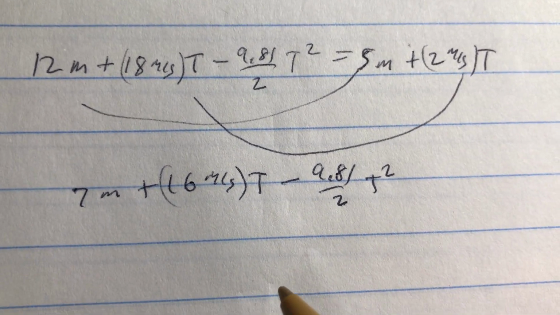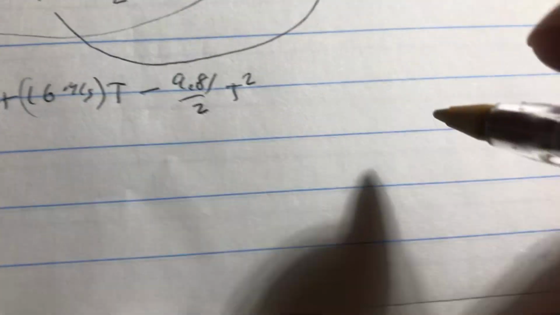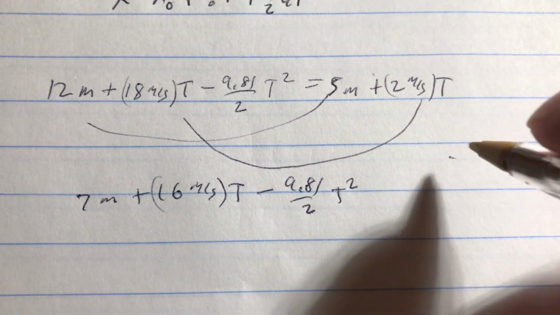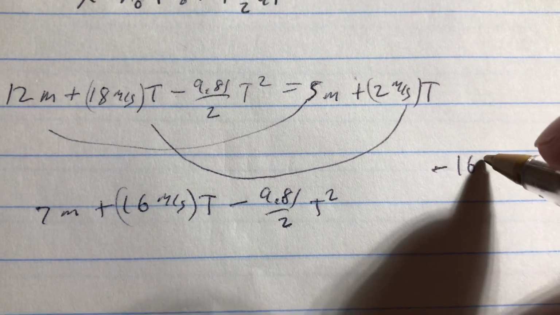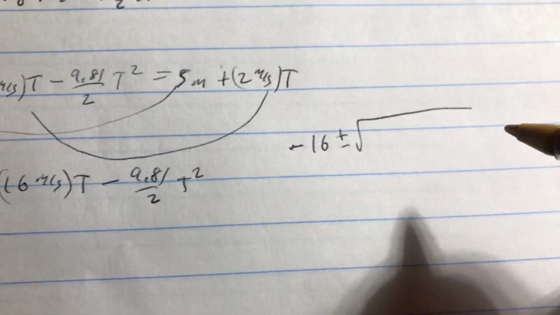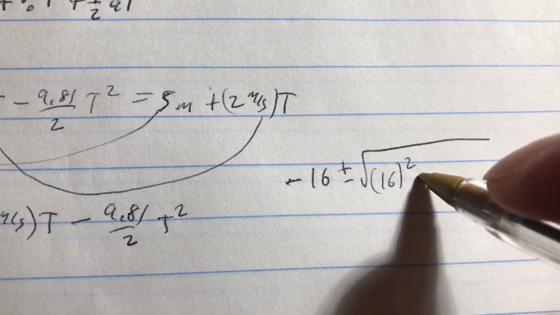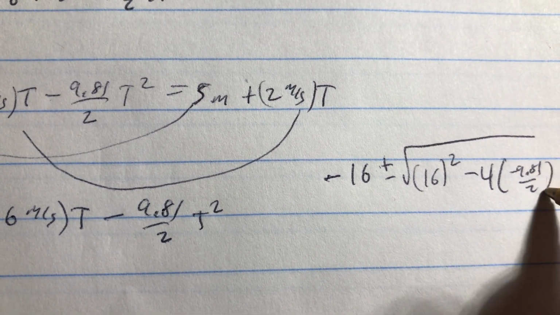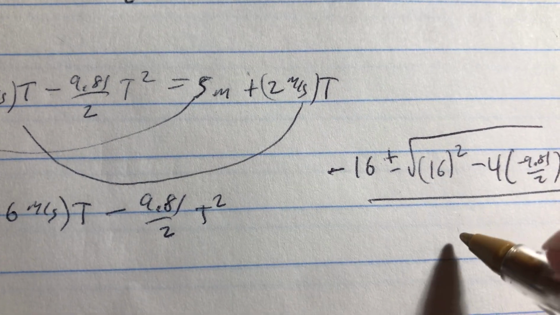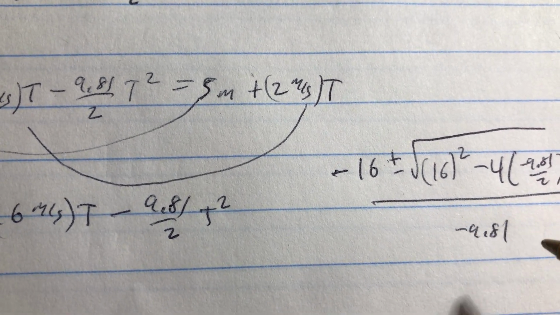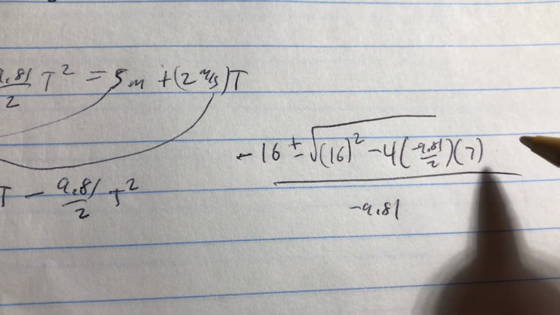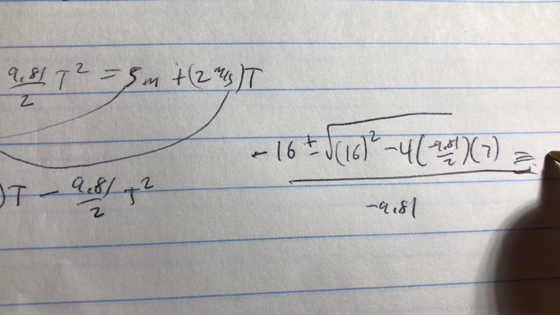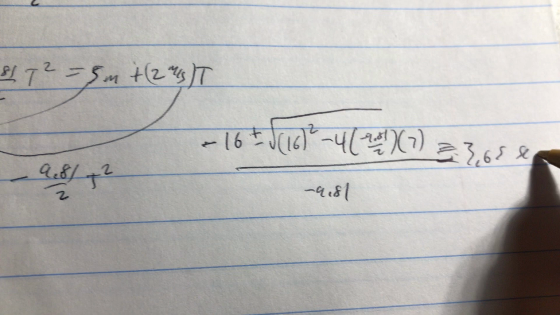This probably can't factor nicely, so I'm just going to skip to the quadratic equation. b is 16, so I have negative b plus or minus the square root of b squared minus 4 times a, which is negative 9.81 over 2, times c, which is 7, all over 2a, which is negative 9.81. When you solve this, you get two answers, and since it's time, only the positive answer makes sense, so that comes out to be 3.65 seconds.